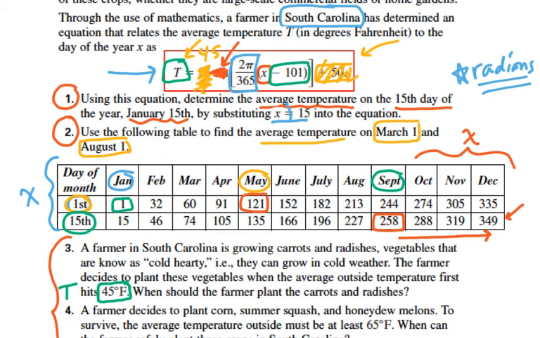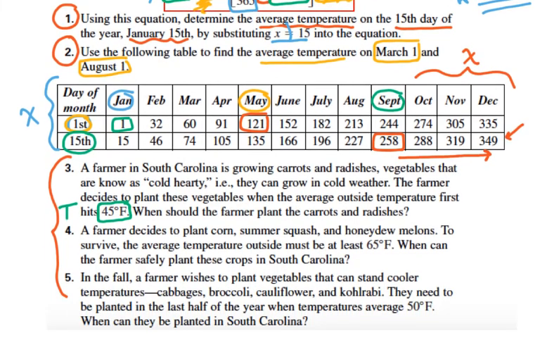When you get the x value, when you're finished with that, bring it back to the chart. Once you solve for x, about what day is that? For example, if you solve for x and you get something like 93, let's say x equals 93. I don't think it does, although I think it's pretty close for number 3. If you look at the chart, 93 is really close to here, which is April 1st.